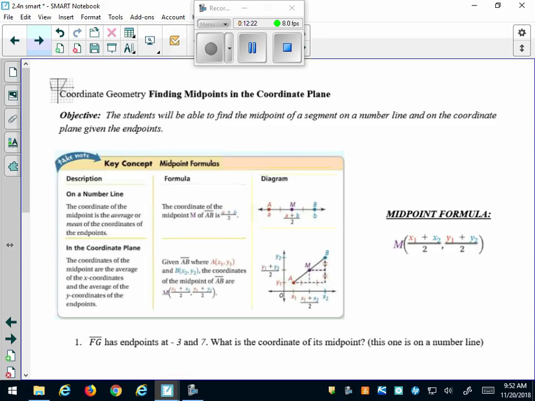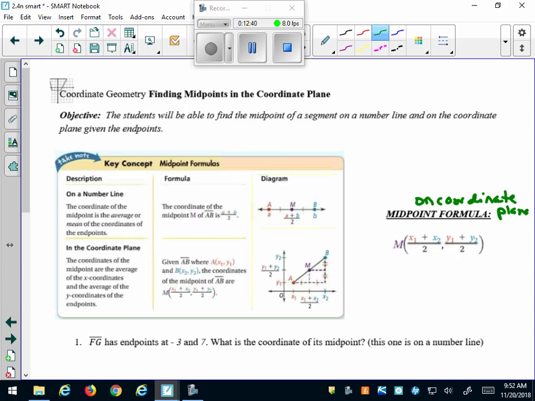The midpoint formula is used to find the midpoint, obviously, on a coordinate plane. Basically, if you have 2 points given to you, if you use this formula, it finds you the midpoint of that segment.